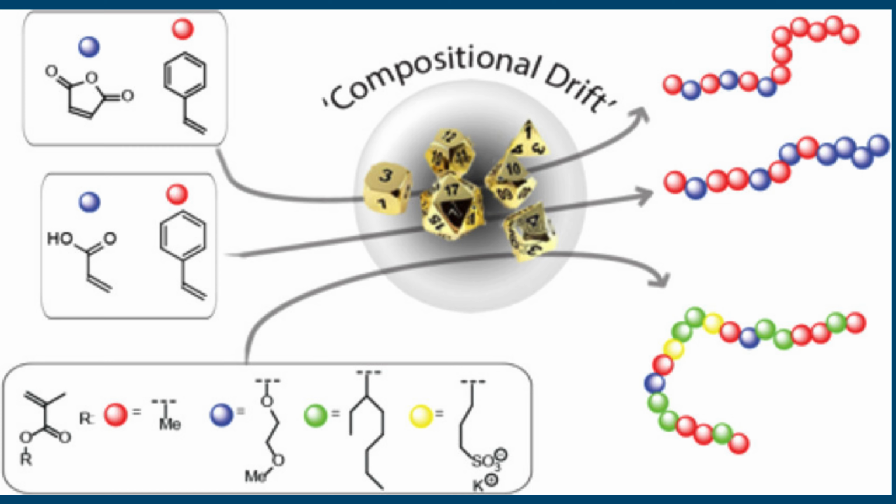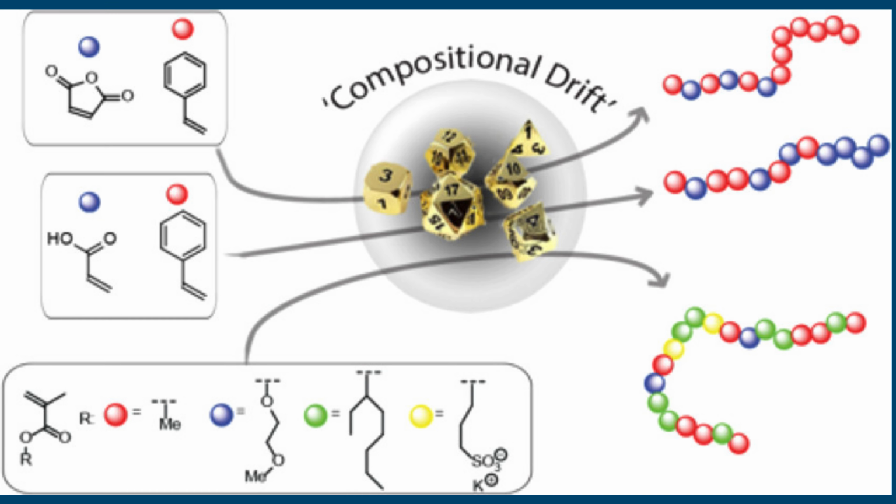This phenomenon, known as composition drift, causes polymer chains formed at different stages of the reaction to possess slightly different chemical compositions, leading to broad sequence distributions and non-uniform material properties.